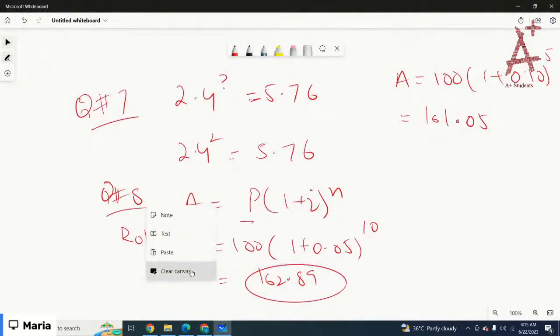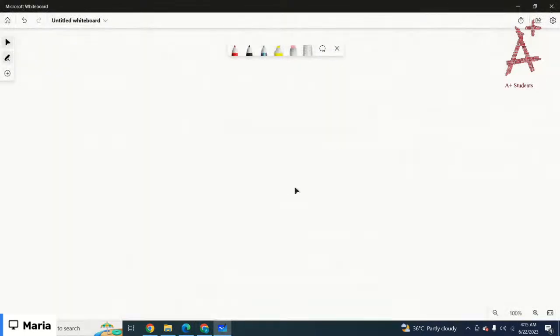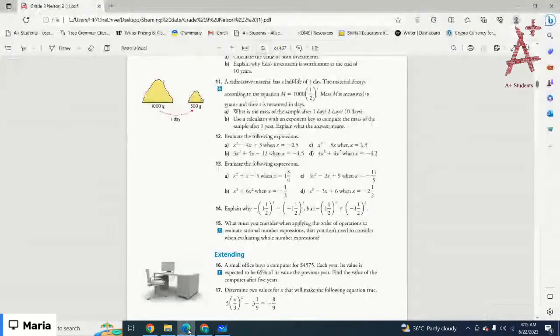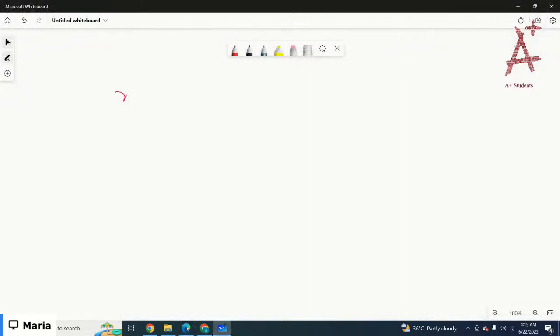Okay, let me just write it down on the board. x square minus 4x plus 3. You have to evaluate for x equals negative 2.5.